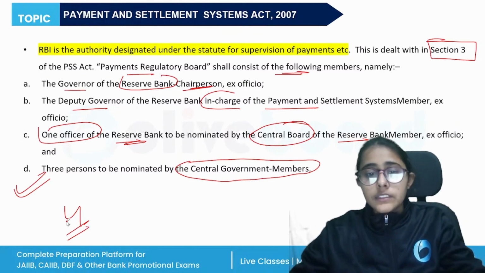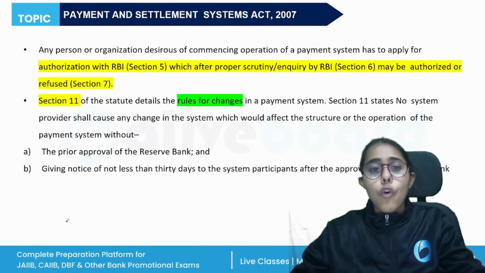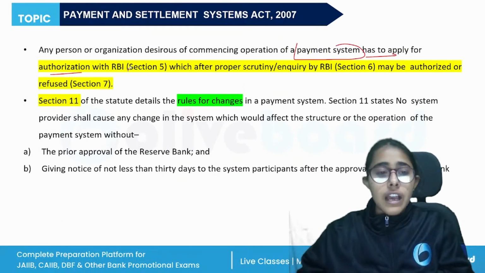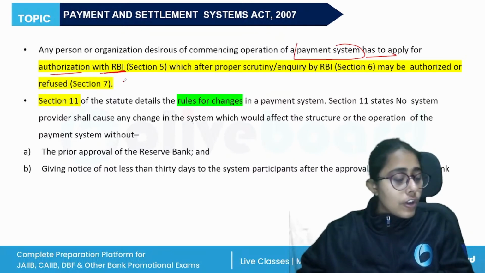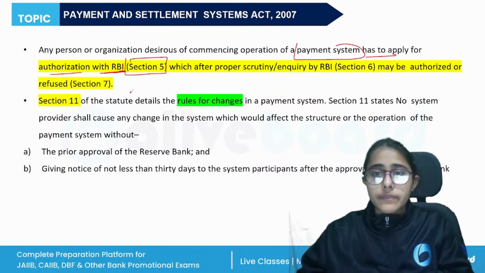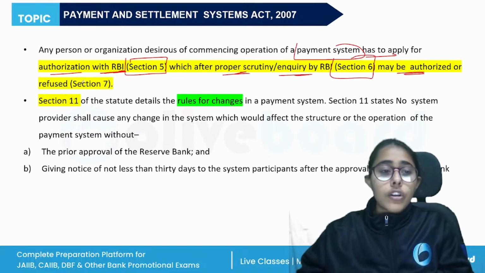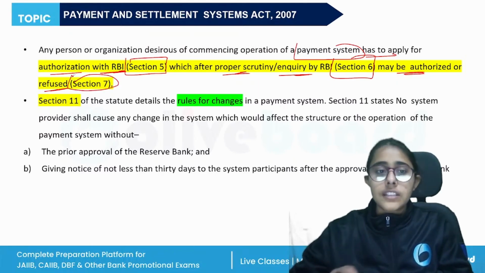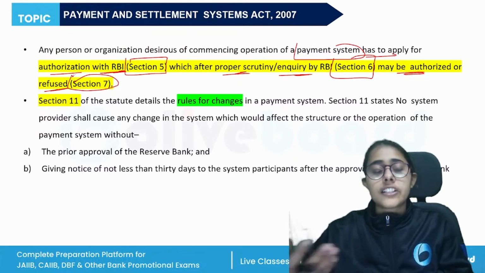So any person or organization who wants to commence operation of a payment system has to apply for authorization with RBI. Applying for the authorization is section 5, then scrutiny and inquiry by RBI is section 6, and authorization or refusal is given by RBI in section 7. So three important sections: section 5, section 6 and section 7.